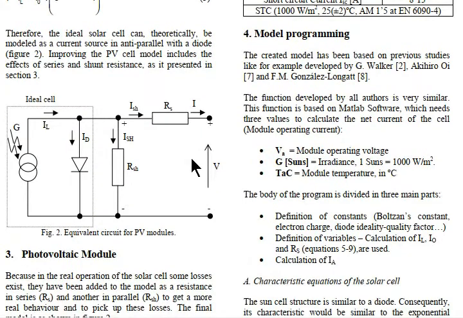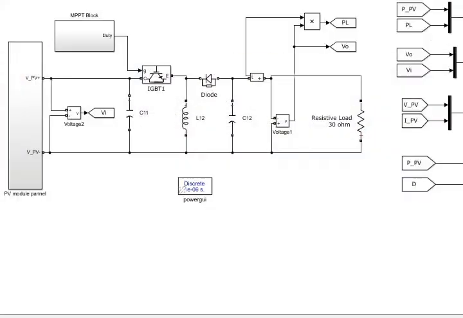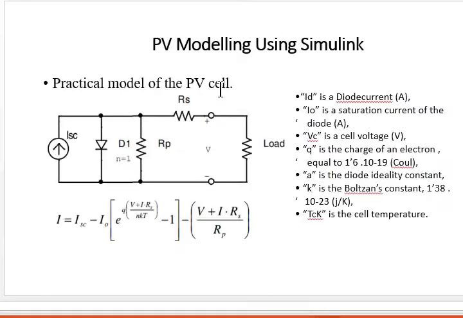So if we discuss our PV module, the practical and most accurate model is given by this diagram. This is the ideal PV model, and this is the reverse diode, shunt resistance and series resistance. Instead of wasting time repeating the literature review, just concluding it, we can show that the most accurate model of a single PV cell is shown by this diagram.